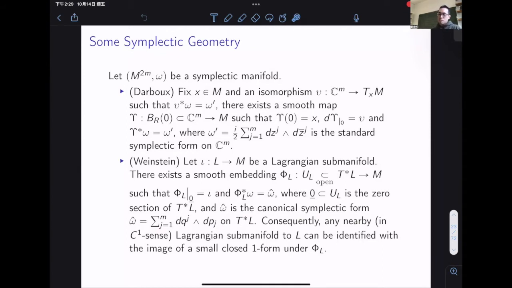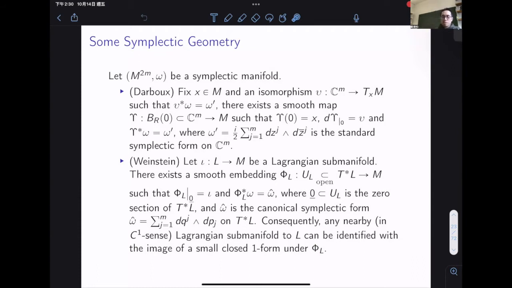A consequence of Weinstein's Lagrangian neighborhood theorem is that any Lagrangian submanifold nearby L, close in the C^1 sense, can be identified with the image of a smooth closed one-form.